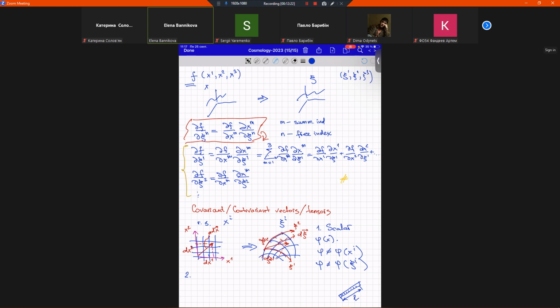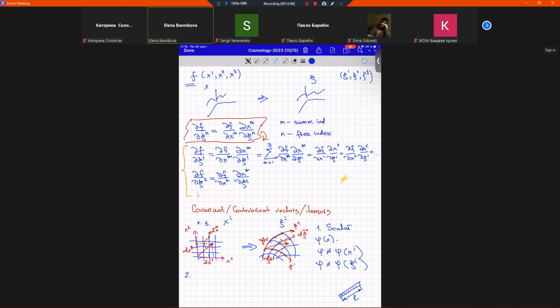But of course, the coordinates will be changed. For us, it's important to understand how these coordinates will be changed, while all the time taking into account that the length of the vector will not change when going from one reference system to another.